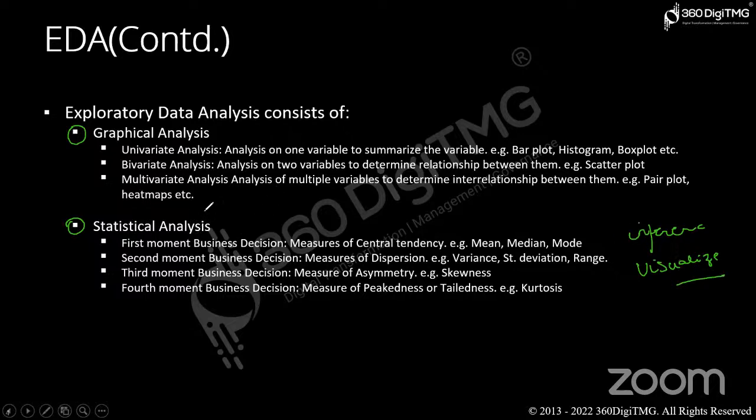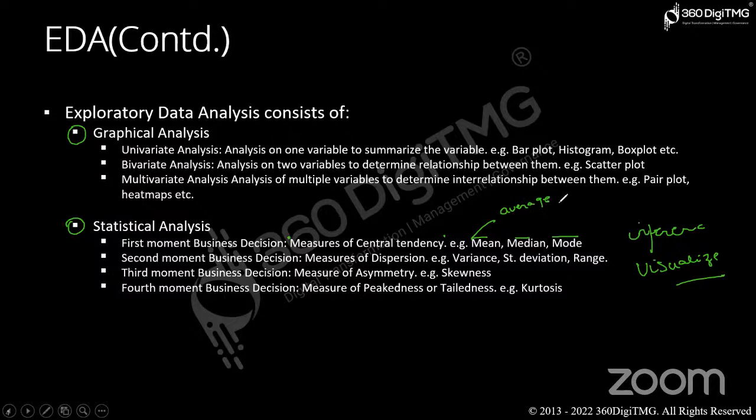Talking about the statistical analysis, in your EDA, we perform the first, second, third, and fourth moments of business decisions. The first moment business decision is also called your measures of central tendency. And we do our mean, median, and mode. Mean is nothing but the average. That is, we find the average.